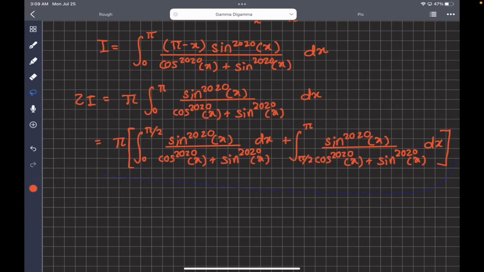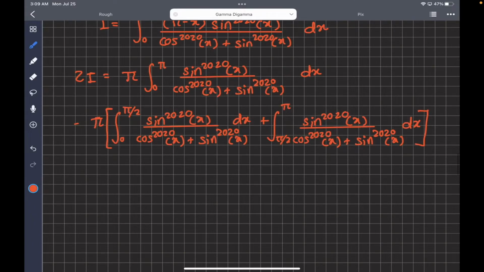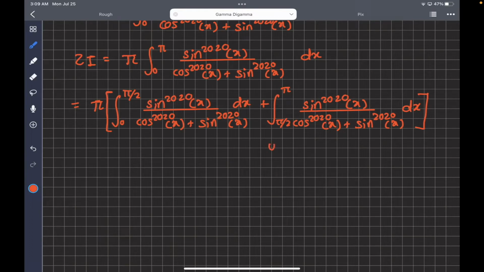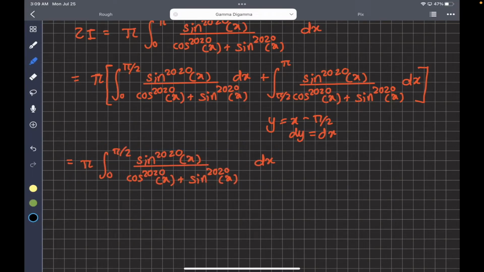You might not see it, but in the second integral we can really use a u substitution. We can set y equal to x minus pi over 2. dy is dx, so we're fine on that front. So pi times integral from 0 to pi over 2. I will copy the integrand like this.